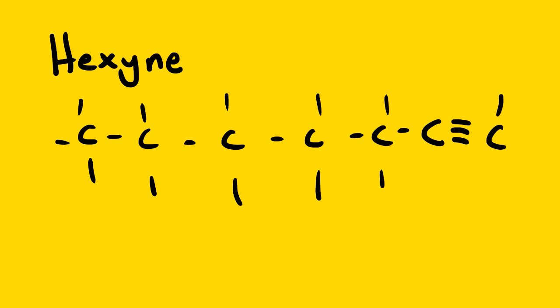It has 7 carbons. Then we have octyne. It will have 8 carbons. The molecular formula will be C8, and then we have 8 multiplied by 2, it's 16, minus 2, we have 14.